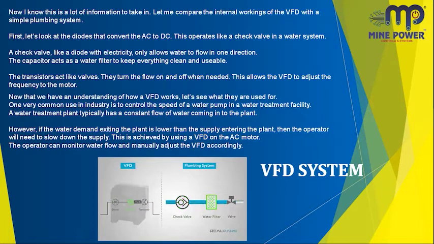From the diode, the electricity goes through the capacitor. From the check valve, the water goes to the water filter. The capacitor, as I said first, gives the pure DC supply, so it is used as a filter.